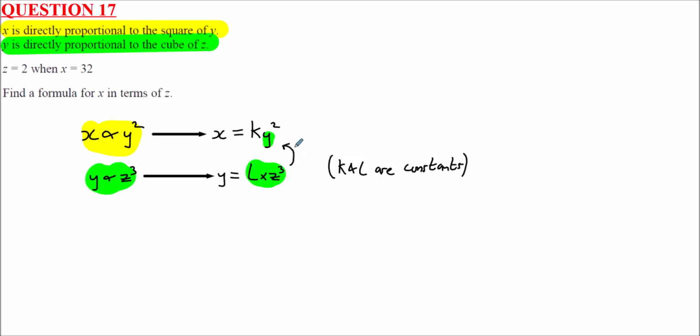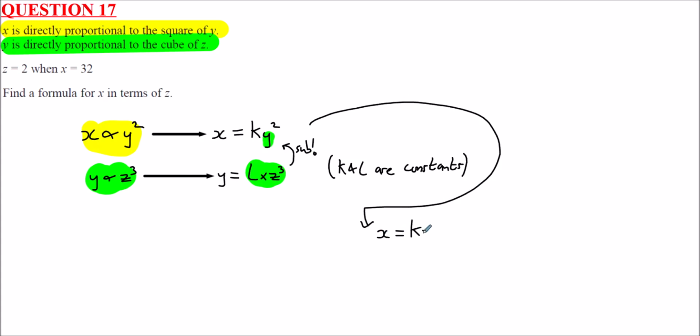So we can substitute in like so. Then what we're going to get, once we substitute it in, is x equals k y squared, then y is L times z cubed, so that's the same as k times L z cubed squared, just using the fact that y is L z cubed.